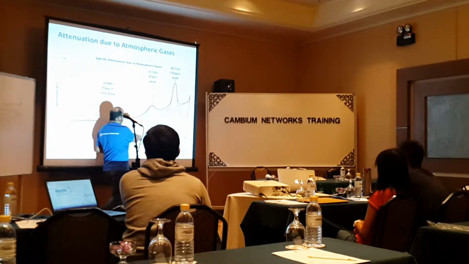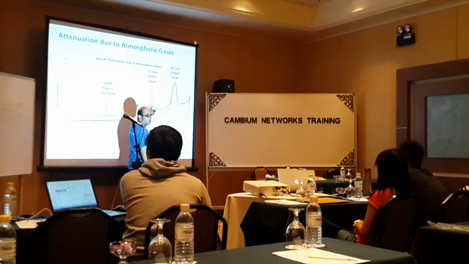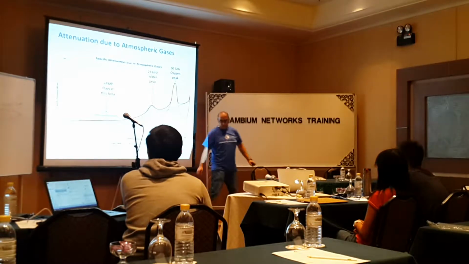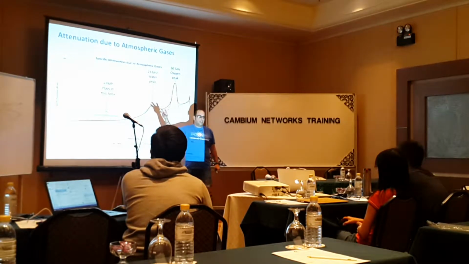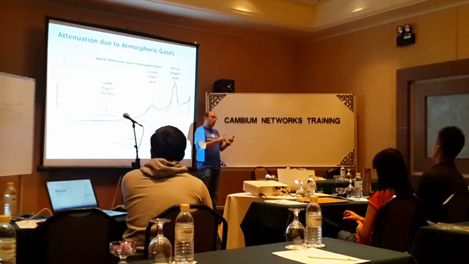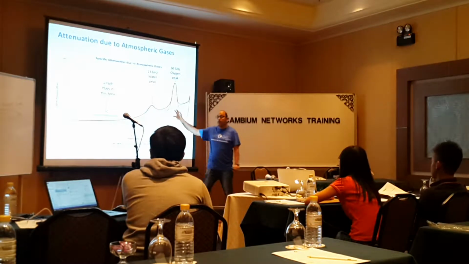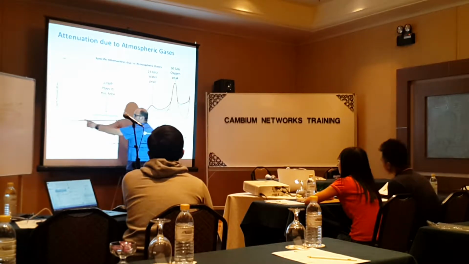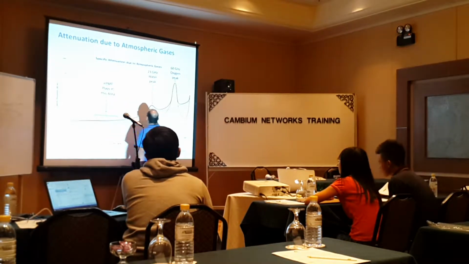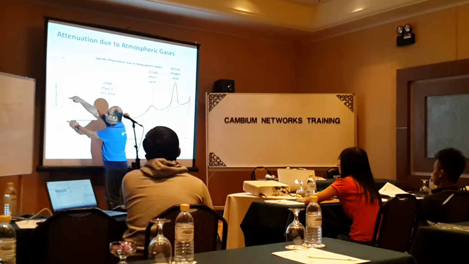As you can see, when the frequency goes higher, it is more vulnerable to attenuation. Atmospheric conditions and environmental changes like rainfall, snow, fog affect higher frequencies much more than lower frequencies. Here, attenuation is this amount or even less, but at 24 gigahertz, 23 gigahertz, the attenuation difference is this amount.